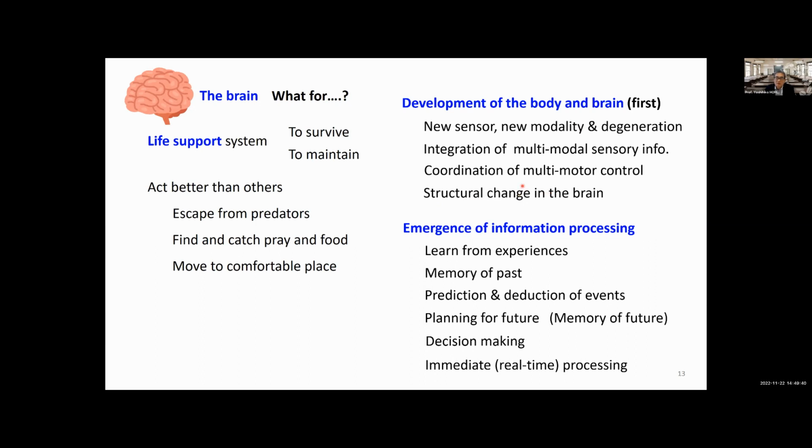Then new information processing emerged again, and this loop is repeated over time in the evolutionary process. The important point is that the structure, which is the body and the brain, and the function, which is information processing, were co-evolved through development.